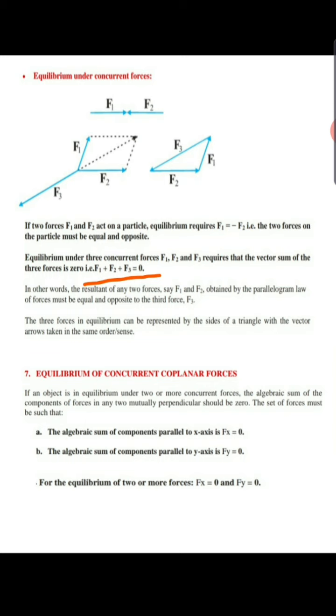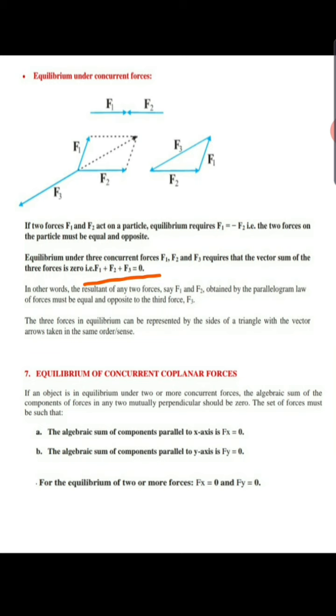We can extend this to any number of forces. We can write F1 plus F2 plus etc. plus Fn is equal to 0. All these are vector sums. That's what we have to keep in mind. So that is the condition for equilibrium under the action of concurrent forces.